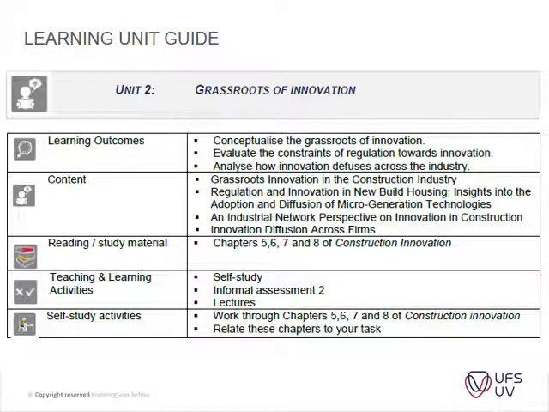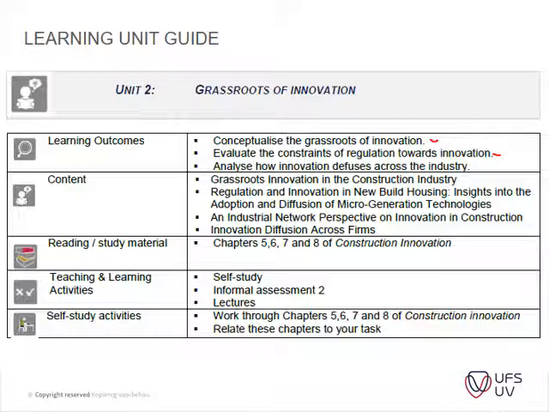Then we're going to look at the grassroots of innovation. We're going to conceptualize the grassroots of innovation. Okay, where does it originate from? Why do we innovate? Obviously, one wants to be as efficient as possible. And then we're going to evaluate the constraints and regulations towards innovation.